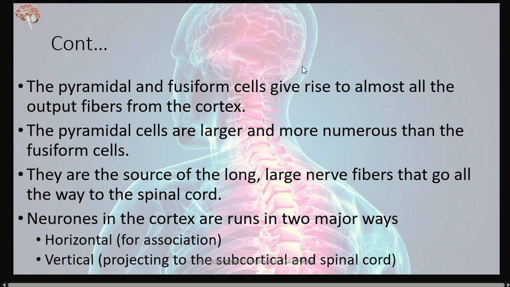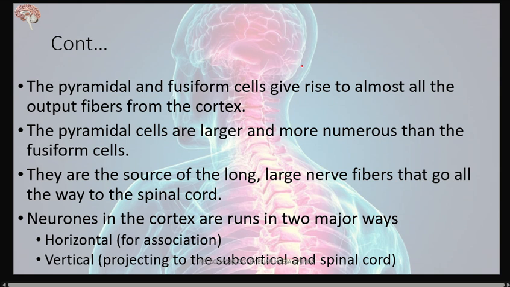That is with the granular. We suggested we have the pyramidal and the fusiform. So these cells are likely to give rise to almost all the output fibers from the cortex. So while the granular is playing the role of connecting, these will be sprouting out fibers.